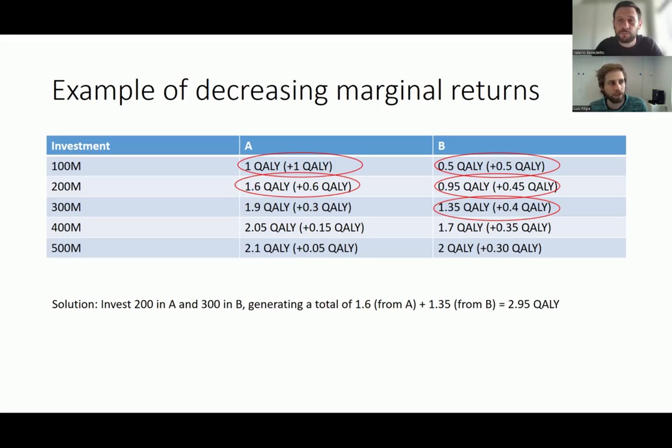Then maybe putting money in order to save more lives, maybe it's now harder to save more lives, because you are already saving a lot, you know, because if you are already saving most of the persons, there are less to save.